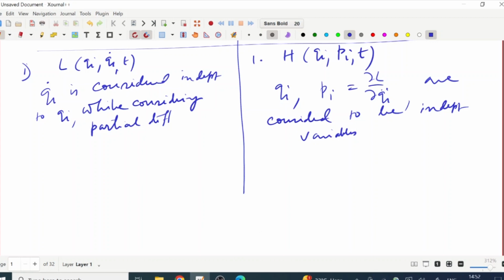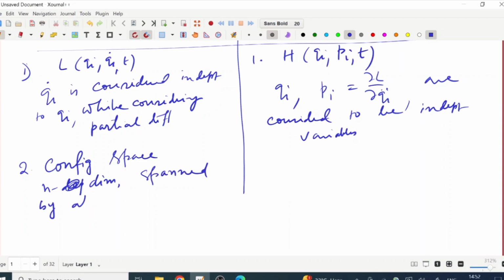So, the concept of phase space will be there in the Hamiltonian formulation. The Lagrangian formulation will have a configuration space, which is n dimensional, spanned by all the generalized coordinates.